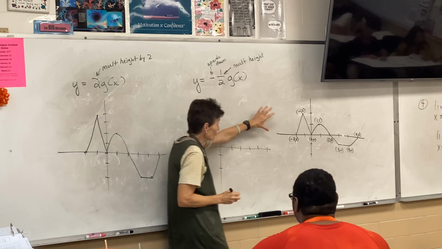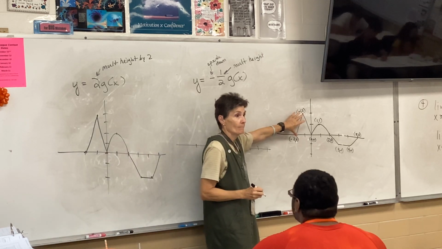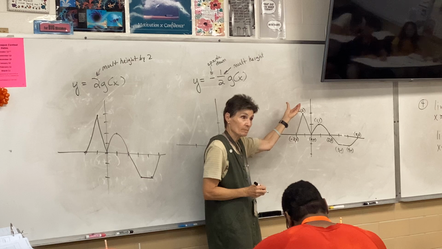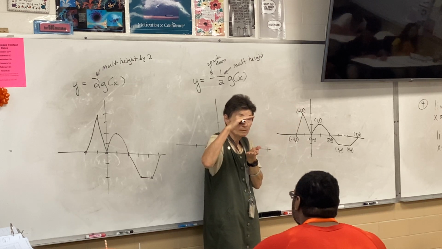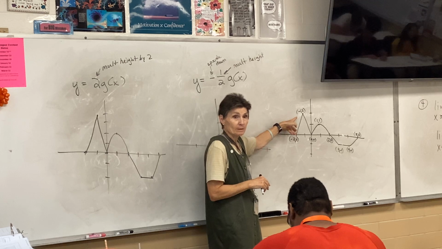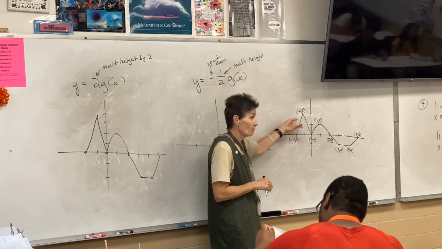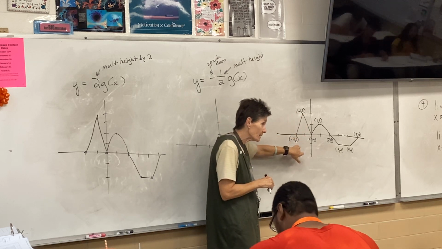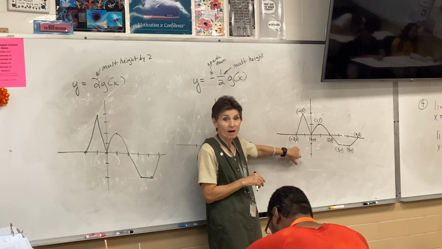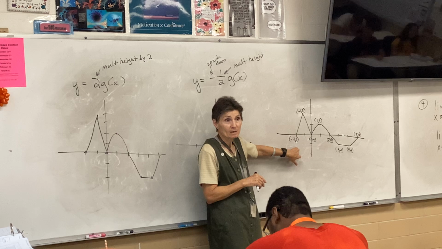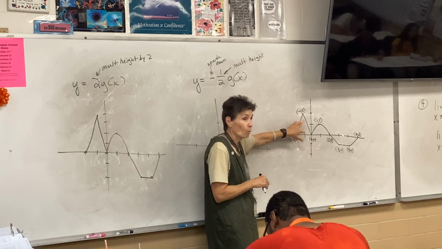The original triangle is pointed up, and it was 2 units tall, right? Now what am I doing to it? I'm flipping it over so it's going to be pointed down, and I'm timesing the height by a half, so it's only going to be 1 unit tall now.